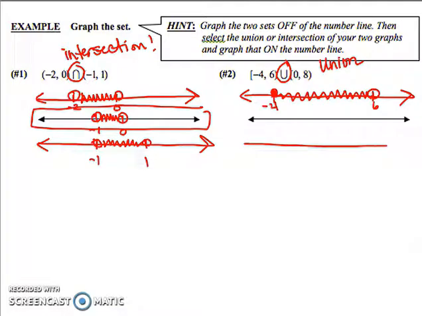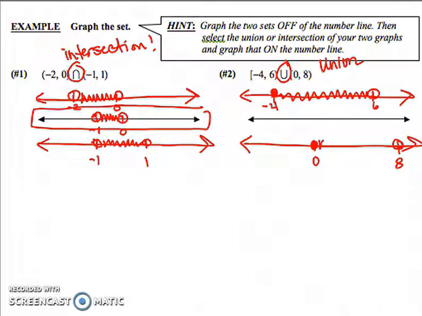Now our second set here, we're going to graph underneath our number line. And that goes from 0, say 0 is about right here, to +8. We've got a closed circle on 0 because we've got a square bracket on 0, and we've got an open circle on 8 because we've got a rounded bracket on 8, and everything that lives there.